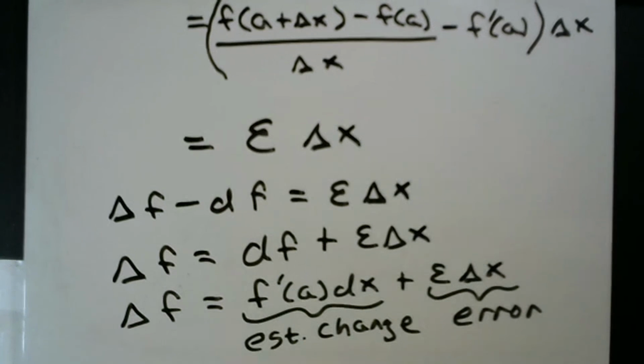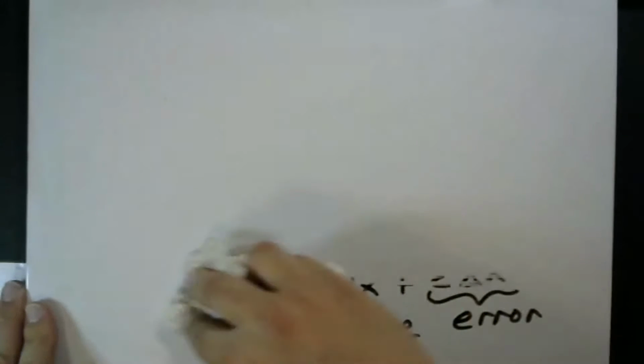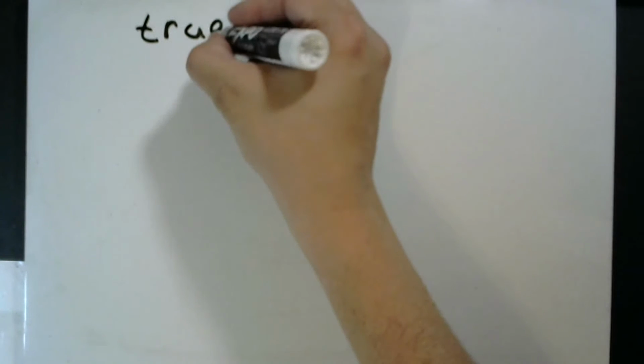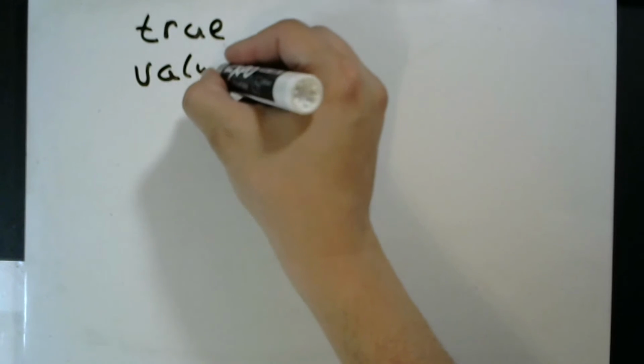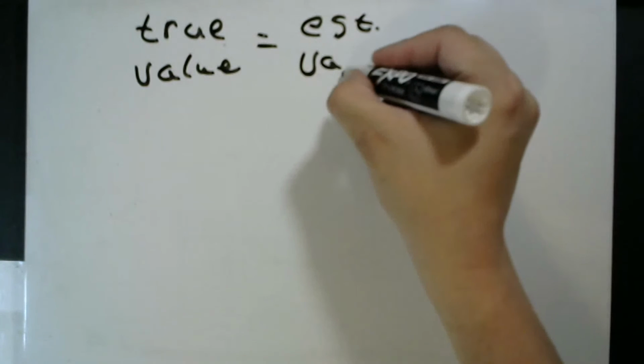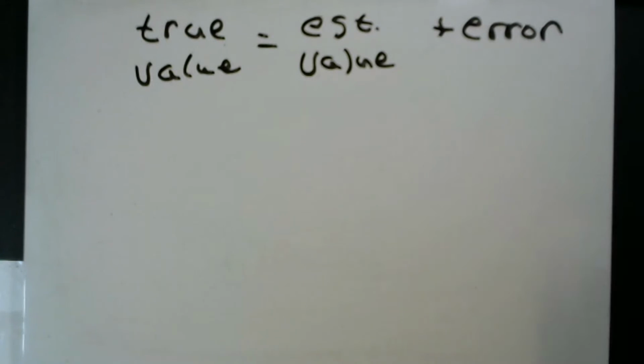So let's take a look at this. Another way you could think about this is that true value equals the estimated value plus an error term. That's another way of thinking about this.